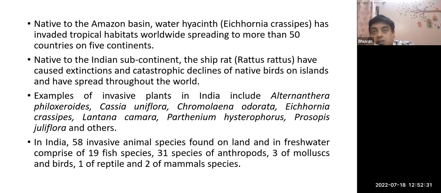The seeds of this tree were imported by the Britishers from Jamaica and also from Mexico. Because it is a very hardy desert tree species, its roots can penetrate 30 meters below the ground, and it can suck up all the groundwater. The leaves are non-palatable for any herbivores.